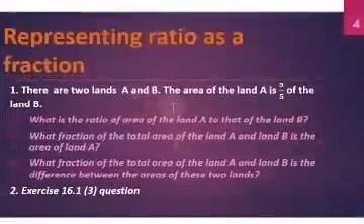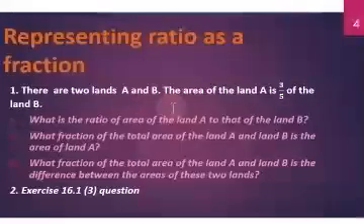When you go through this problem, first you identify which is the largest one. Here A takes only 3/5 of land B, which means obviously it is smaller than land B. So the smallest one is land A.